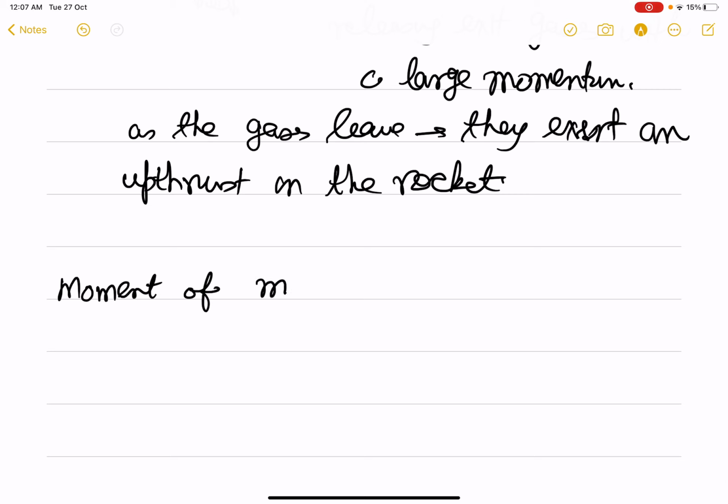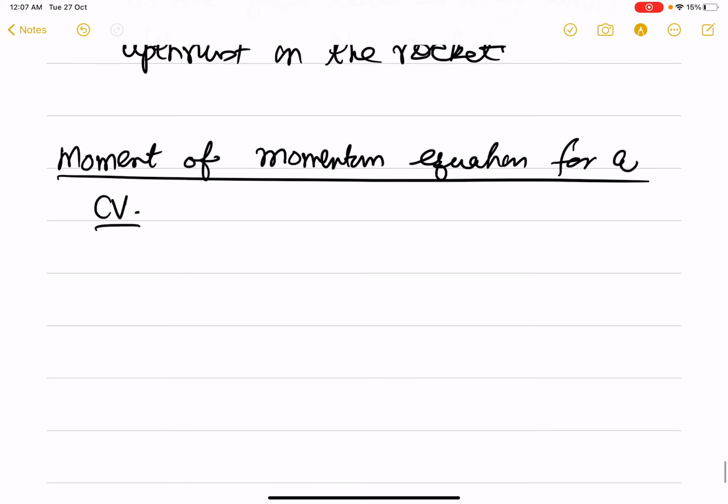This is the moment of momentum equation for a control volume, and this is normally used when we talk of turbomachinery.